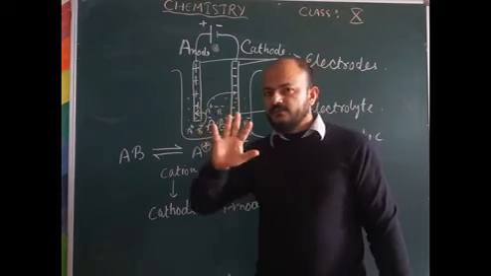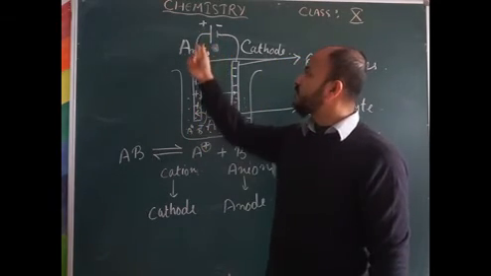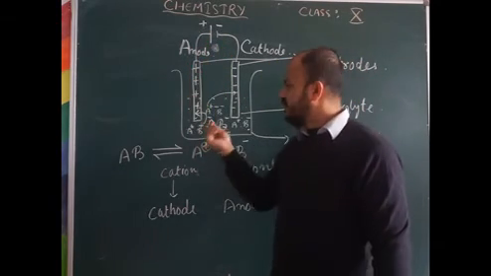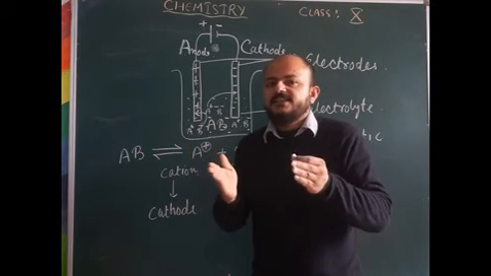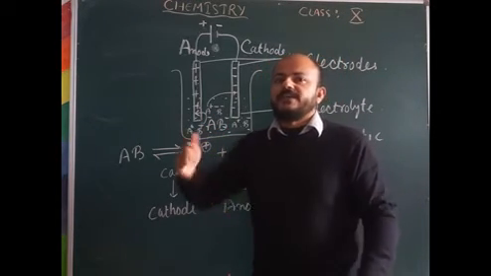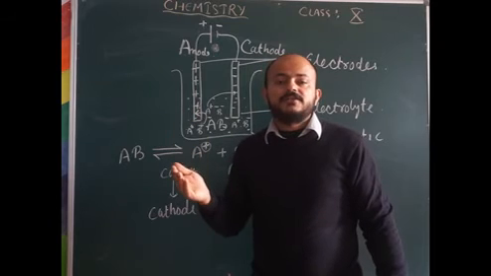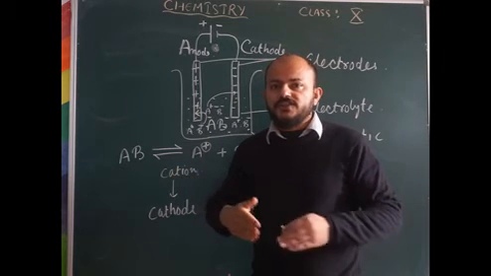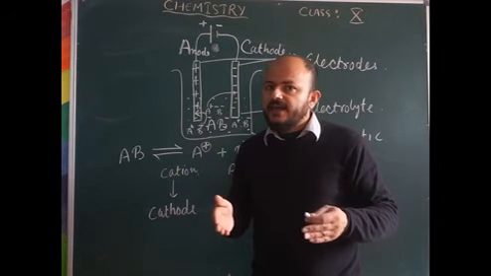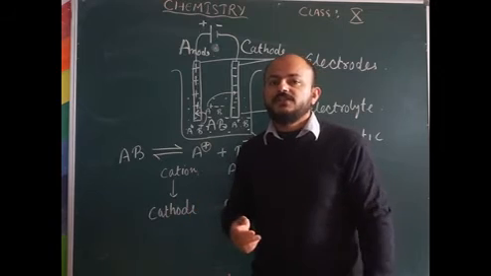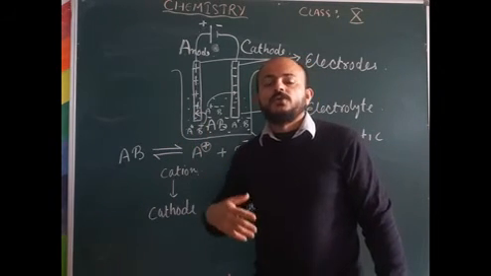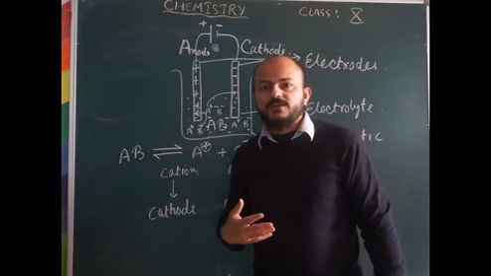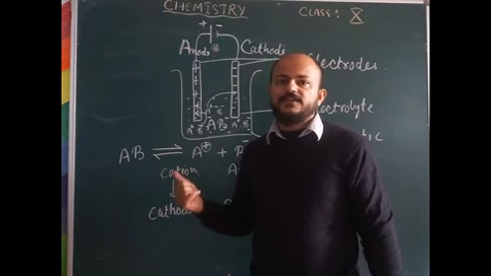As soon as you pass electric current, the dissociation has started, and they are going to the respective electrode. That means the electric current is used to bring about a decomposition reaction, and this is how electric current is known to bring about a chemical reaction in the process of electrolysis.